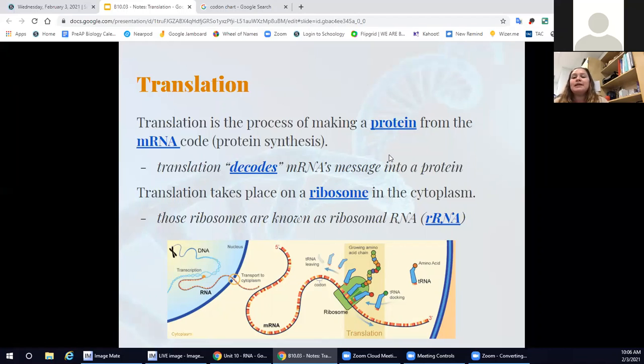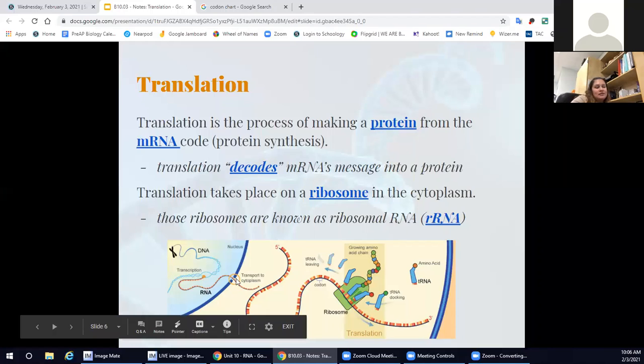It does take place on a ribosome in the cytoplasm, and that ribosome is known as rRNA. So again, mRNA leaves the nucleus into the cytoplasm where it finds a ribosome, and this is where all the translation occurs.